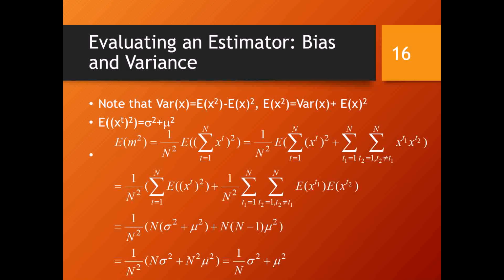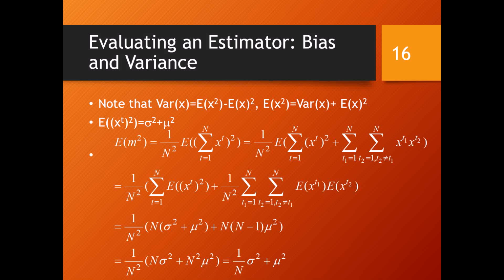And then divided by n squared, the n mu squared cancels with this minus n times mu squared. So we will have n sigma squared plus n squared times mu squared, over n squared. So the expectation of m squared is equal to this.